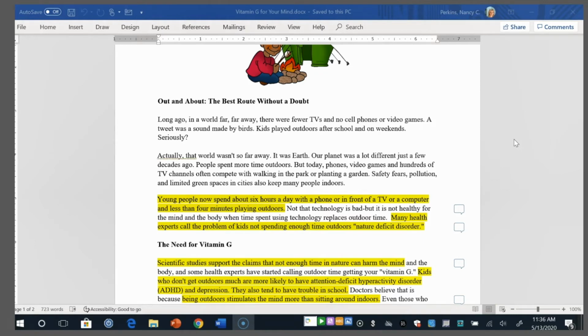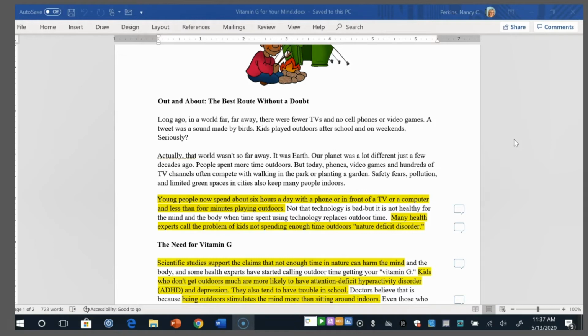People spent more time outdoors. But today, phones, video games, and hundreds of TV channels often compete with walking in the park or planting a garden. Safety fears, pollution, and limited green spaces in cities also keep many people indoors. Green spaces are areas where there might be grass, trees, bushes, greenery growing around.